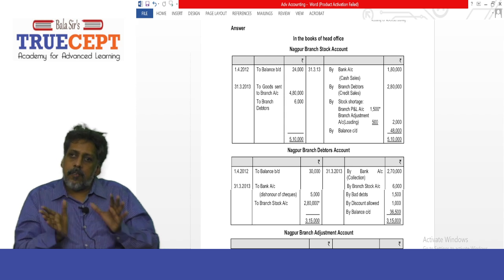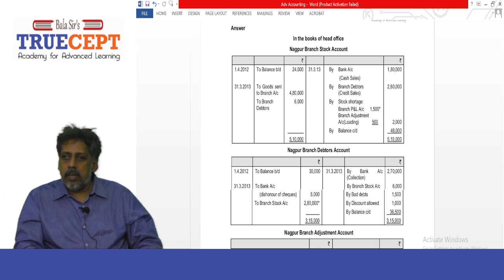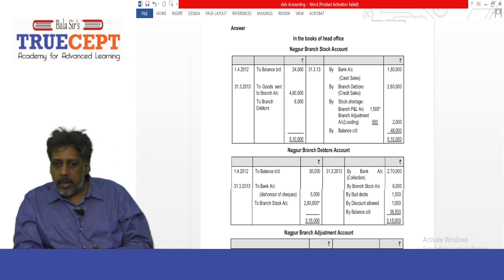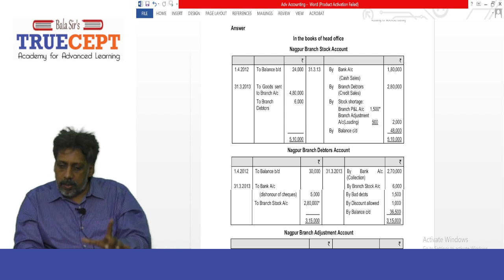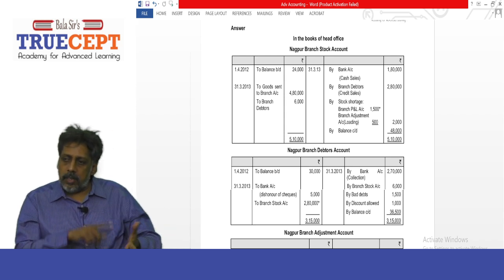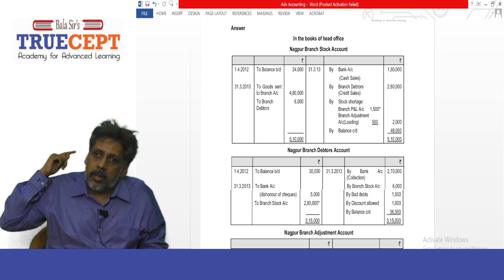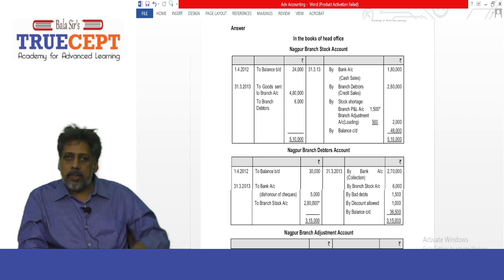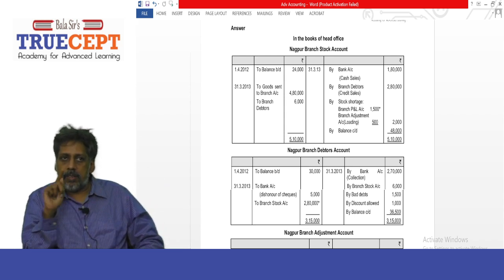What if there is a difference on the debit side? What if the credit side is more than the debit side? That difference will be taken as surplus. You know what the assumption is? That means the goods have been sold above invoice price. In that case, on the debit side, you write to branch P&L surplus.